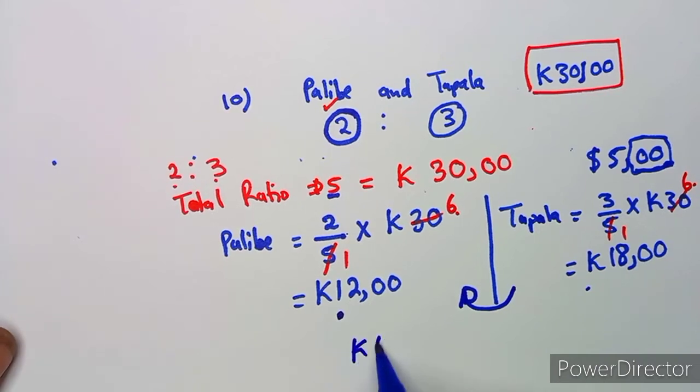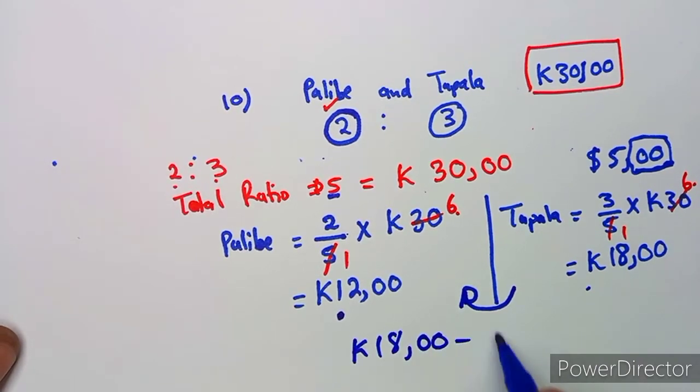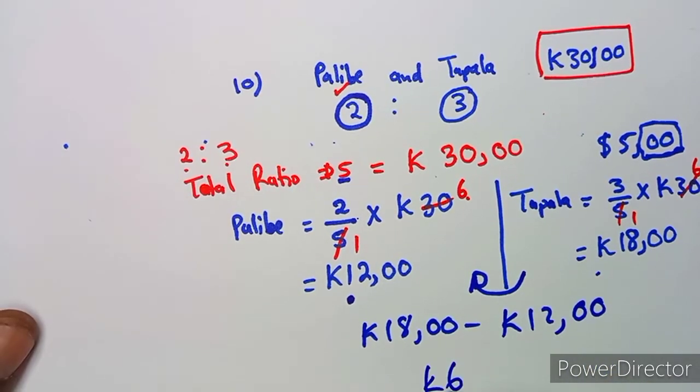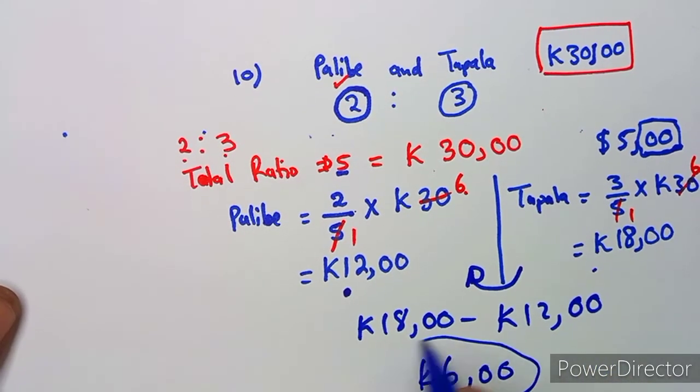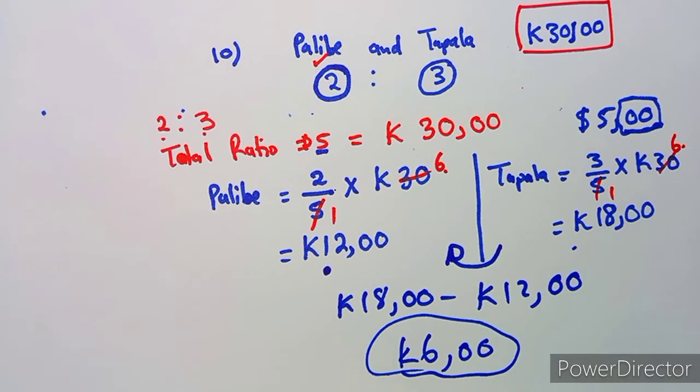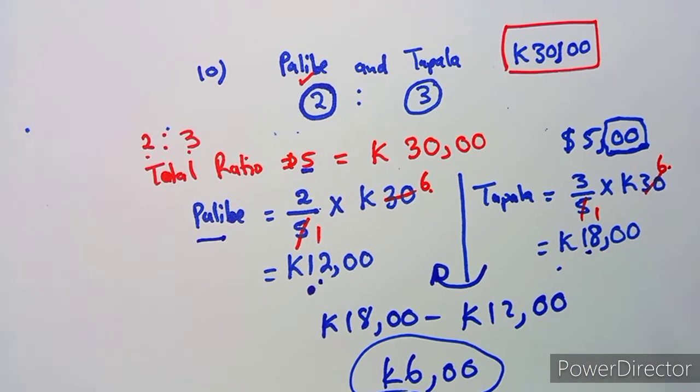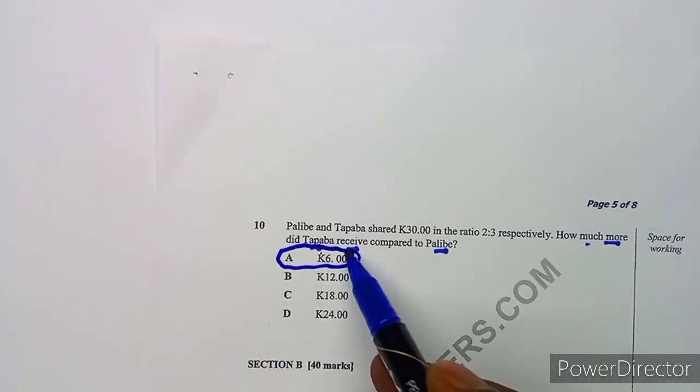So that is 18 kwacha minus 12 kwacha, which is simply 6. So he received 6 kwacha more than Paliwe. Even by sight, from 12 to 18 there's a difference of 6. So this is paper 1, and our answer is going to be A.